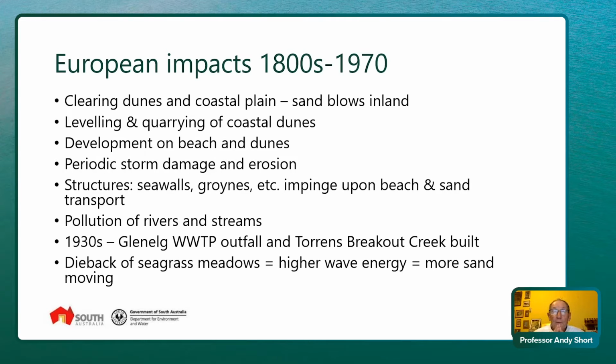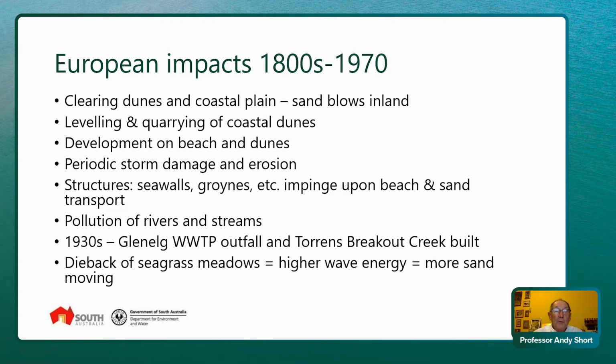So while this is a natural system that has been operating for several thousand years, regrettably, in the last couple of hundred years, since European settlement of the coast, we've had a lot of bad impacts. First of all, there was clearing of the dunes in the coastal plain for development. The clearing of the dunes allowed even more sand to blow inland and be lost from the system. The dunes were levelled for housing, and quarried for construction and aggregate.